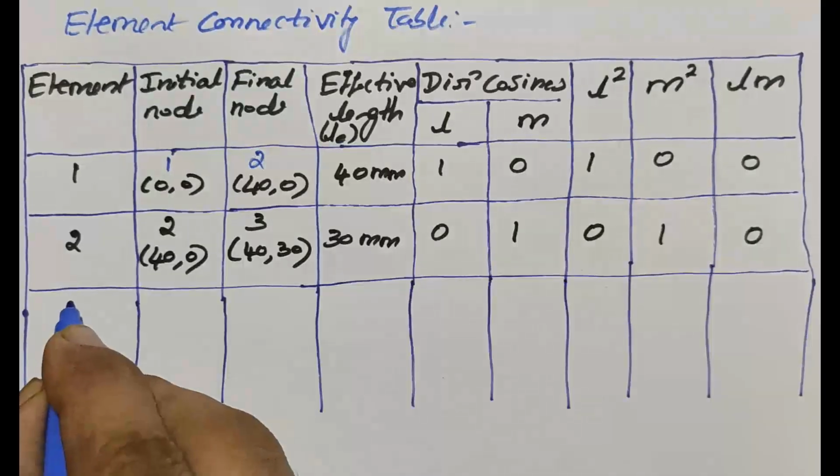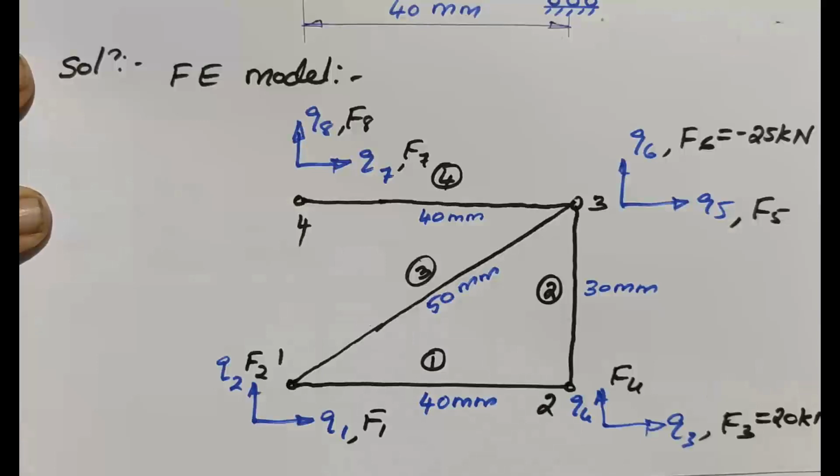Next is element number 3. See the FE model. This is element number 3. The initial node is 1 and the final node is 3. The coordinate for the initial node, that is node number 1, will be 0, 0.